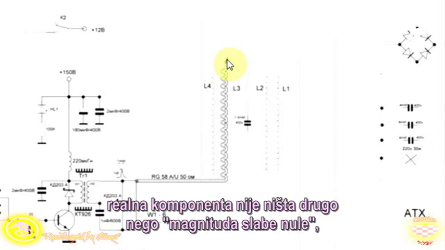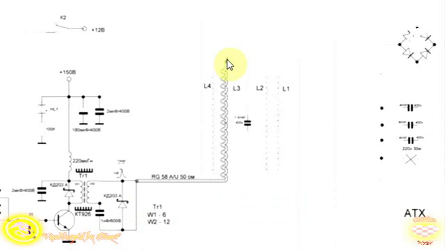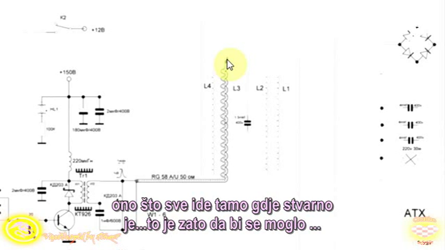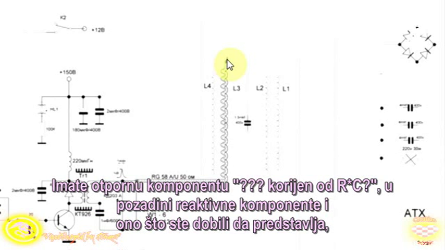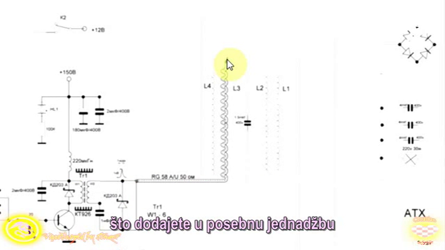But still, once you represent it as a complex number, a real component plus a reactive component, the real component has nothing but a magnitude above 0. Although, wait a minute now, you could have a negative resistance. You can create a negative resistance electronically. But you've got a resistive component and then a J, meaning the square root of minus 1, in front of the reactive component. And once you've got that representation, you plug it into a particular equation.